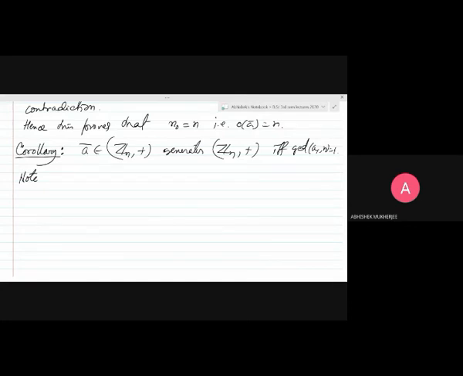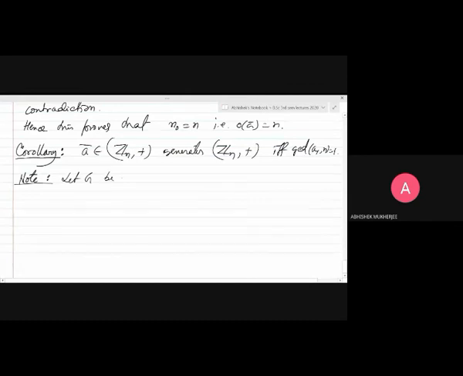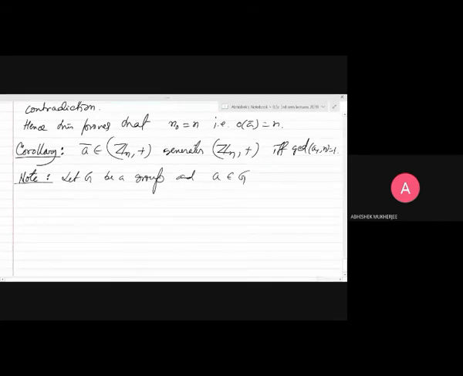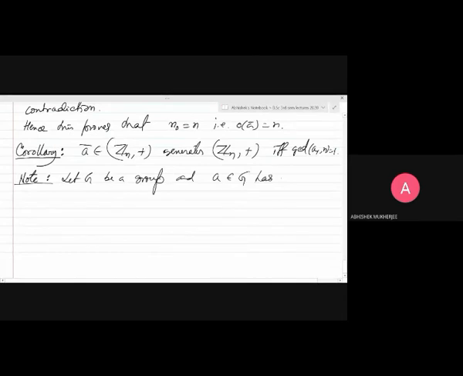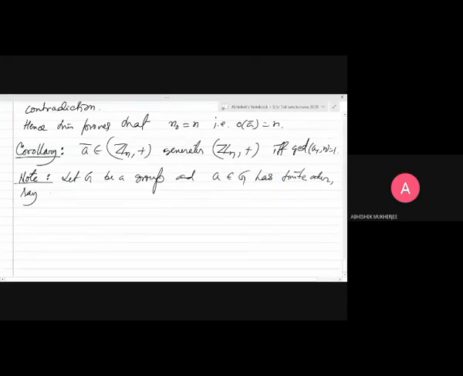In general, let G be a group and a belongs to G has finite order, say n.